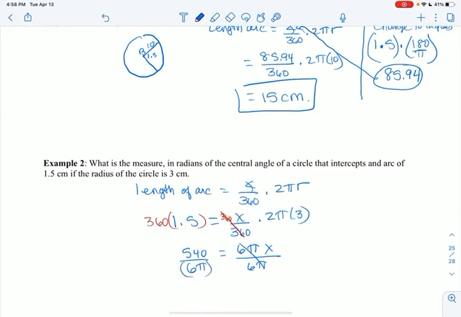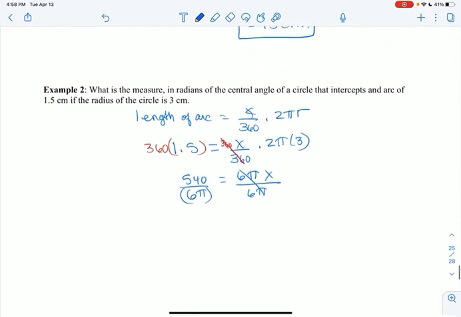When you do that in your calculator, make sure you're putting parentheses around that. So 540 divided by 6 pi, and x equals 28.64. Now that's in degrees.